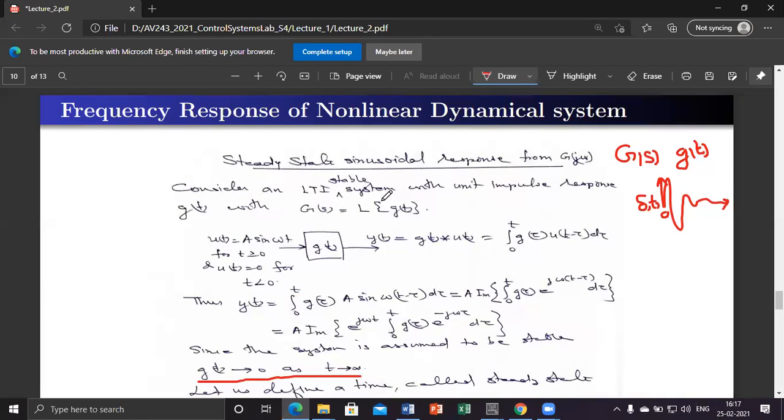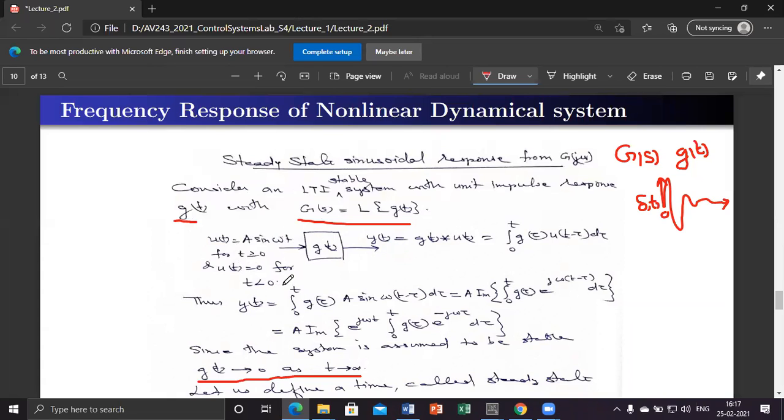Now consider an LTI stable system with unit impulse response g(t), with G(s) the Laplace transform of g(t). And if you give a sinusoidal command, say u(t) equals A sin omega t for t greater than or equal to 0, and u(t) equals 0 for t less than 0.